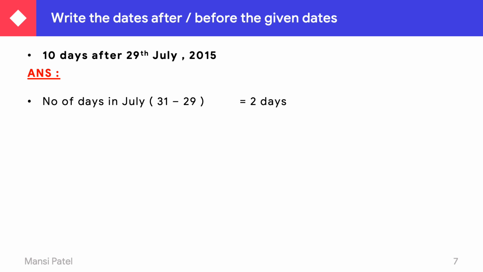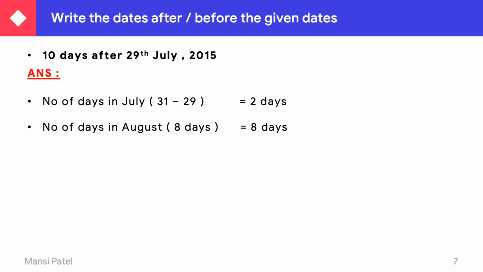Now from these 10 days, 2 days are already in the month of July. So how many days are remaining? 8 days are remaining. See here, the number of days in August is 8 days. So what is the date? What is the day?